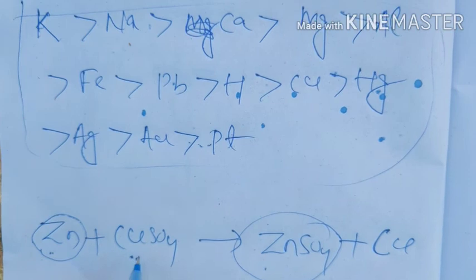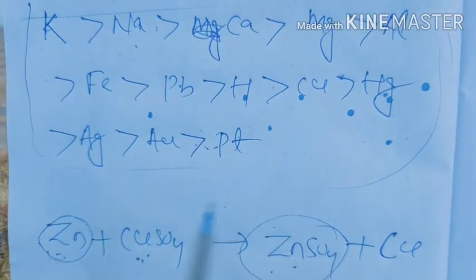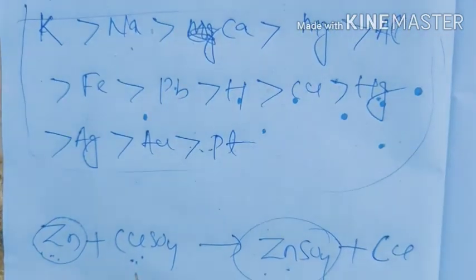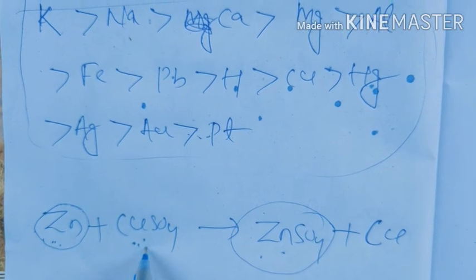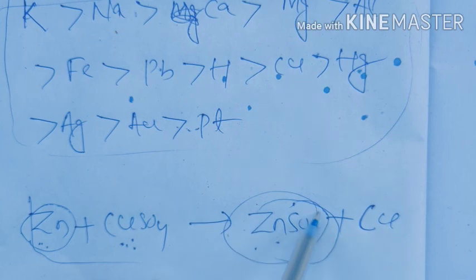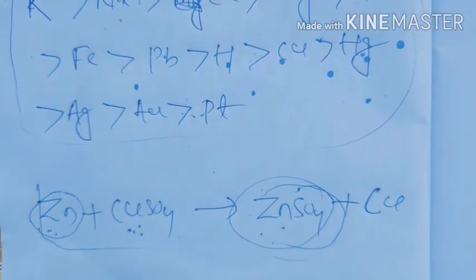So copper sulfate is converted into zinc sulfate because zinc is more reactive. Look here, zinc is more reactive than copper, so ZnSO4 is formed.